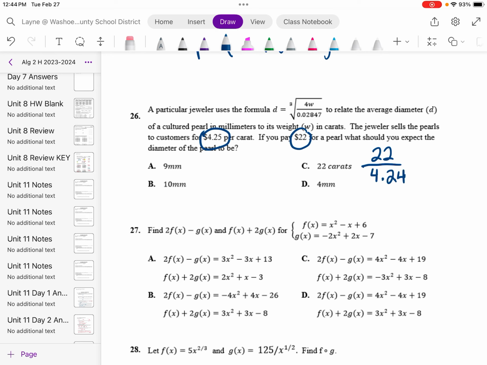So 22 divided by 4.25 is going to be 5.1765, somewhere in there. That's now the weight of the carat.